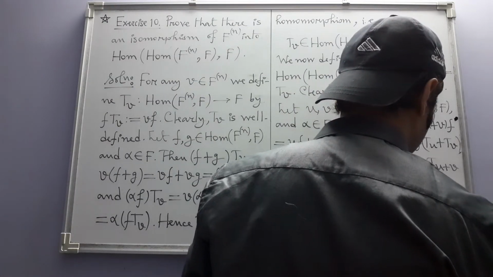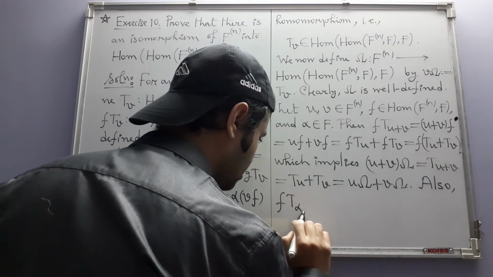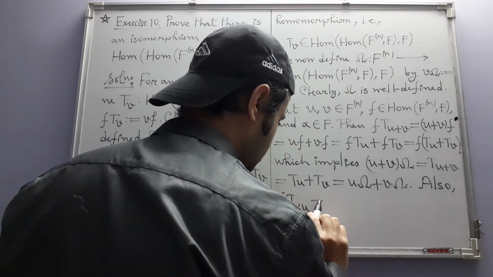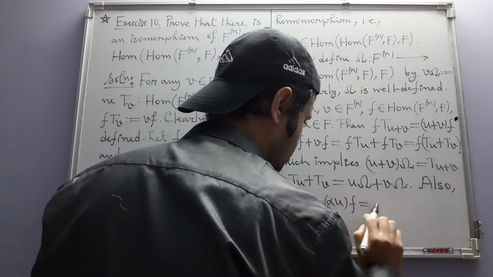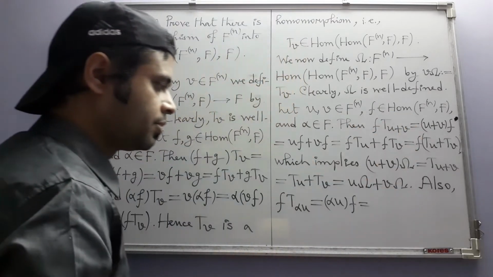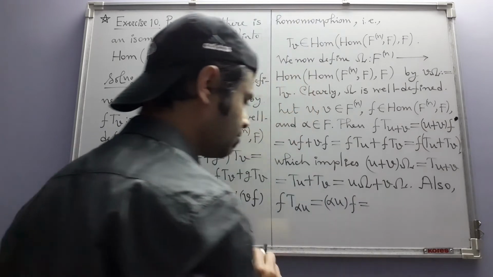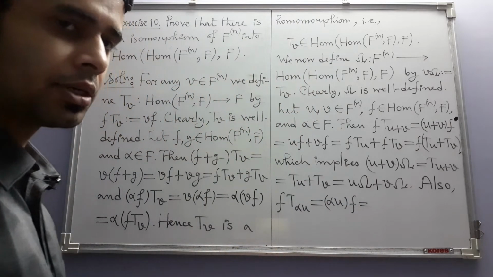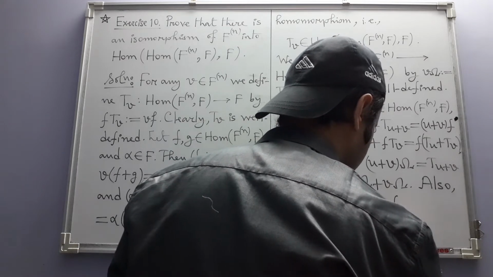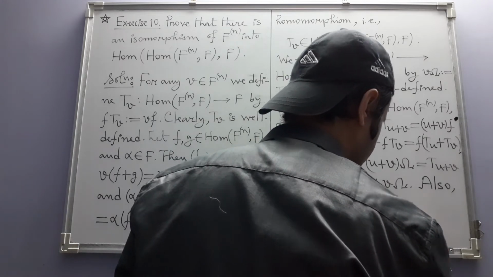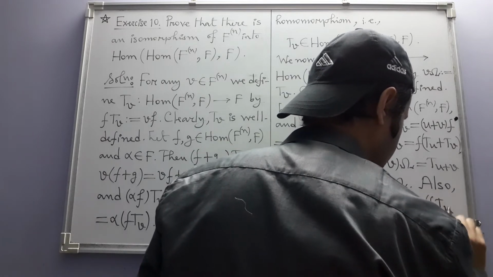Also, f t(alpha u) is equal to (alpha u) f. Now f is a homomorphism and alpha is a scalar, u is a vector in Fn. So f itself respects multiplication by scalars. So this is equal to alpha times uf, or alpha times f tu.